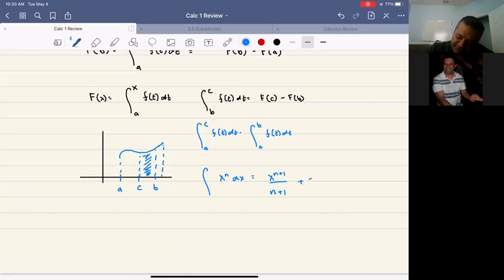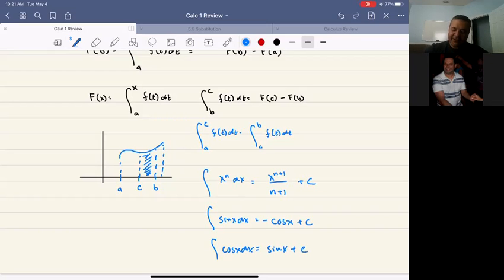And we're going to add a c because the derivative of a constant is always 0. The antiderivative of sine of x is negative cosine of x. The antiderivative of cosine of x is sine of x.